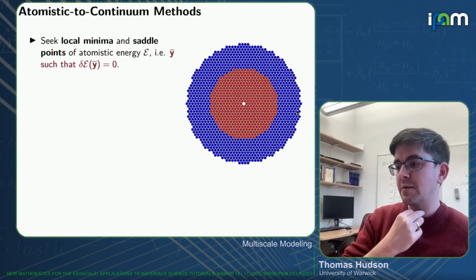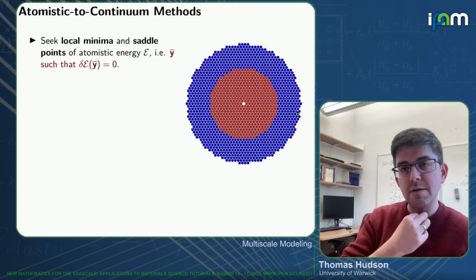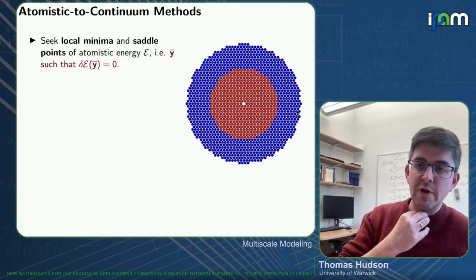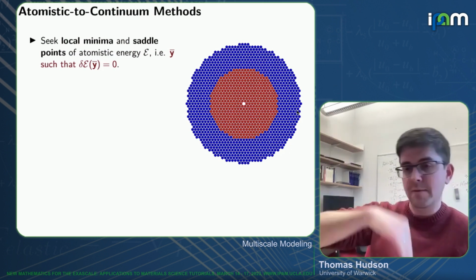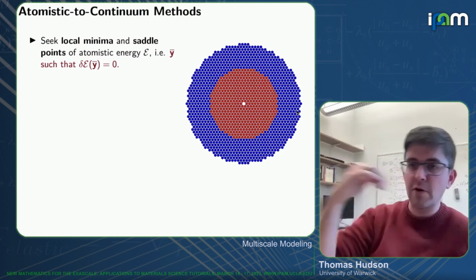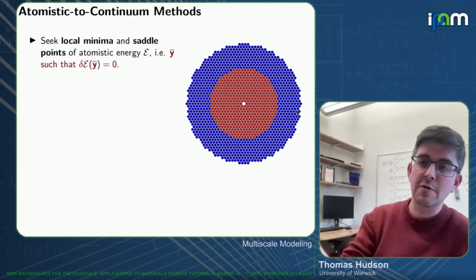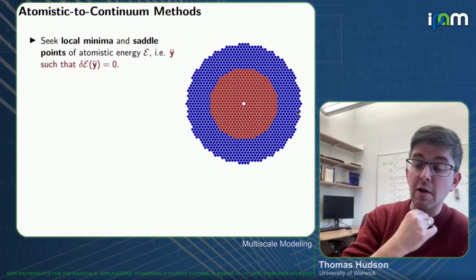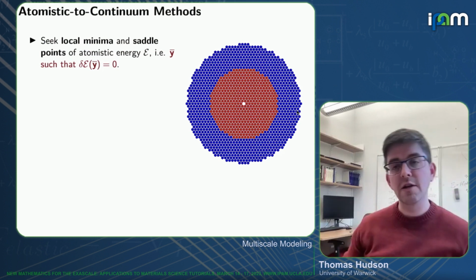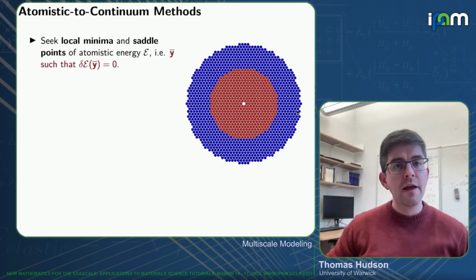Local minimizers, because those are the metastable states in our energy landscape, and saddle points, because those are typically the saddle points that you must pass close to in order to transition between different locally stable states in the energy landscape.